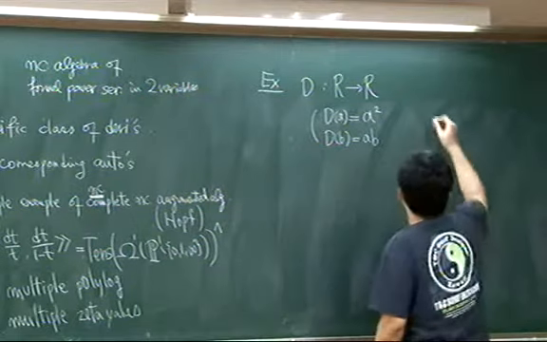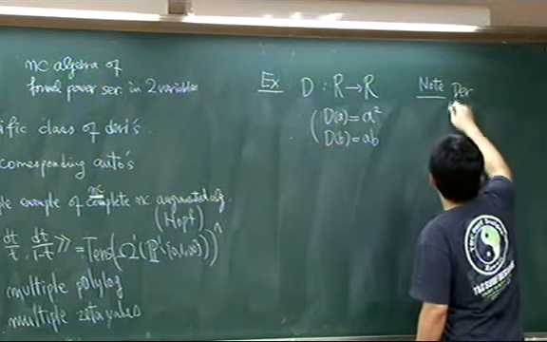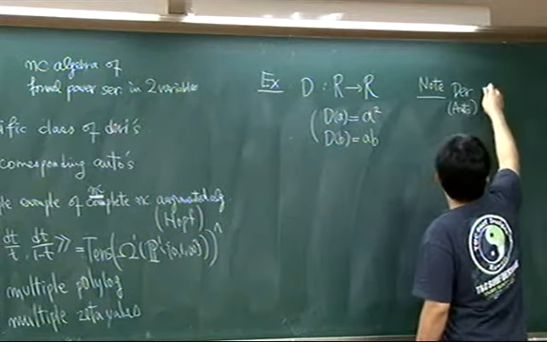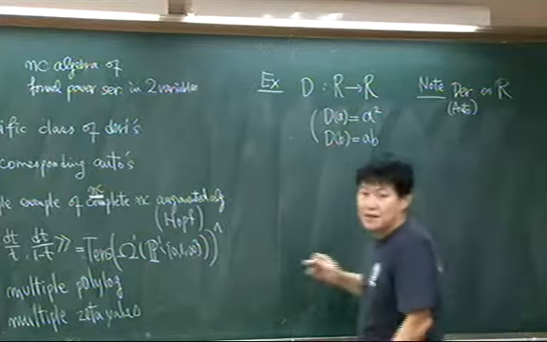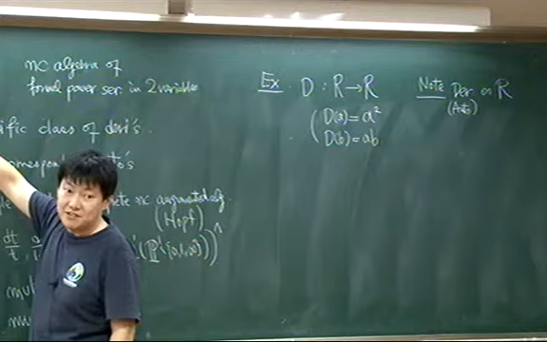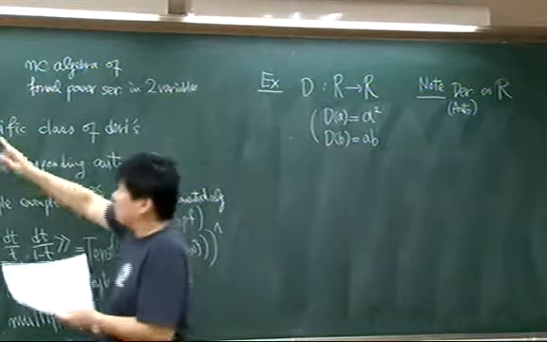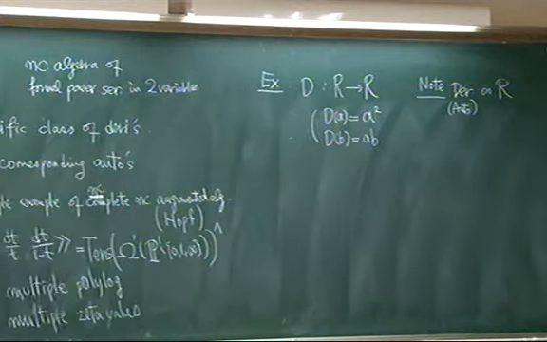Please keep in mind that a derivation, and also an automorphism, on this algebra is uniquely determined by the values on the generating set A and B. If we fix the images of A and B, using the product structure, we can extend the definition to all elements of R, also using the Leibniz rule. It's the same situation.